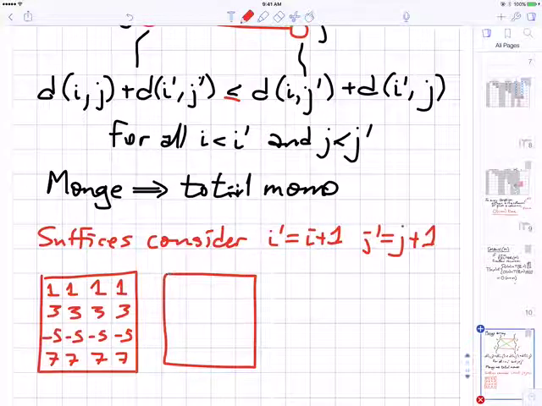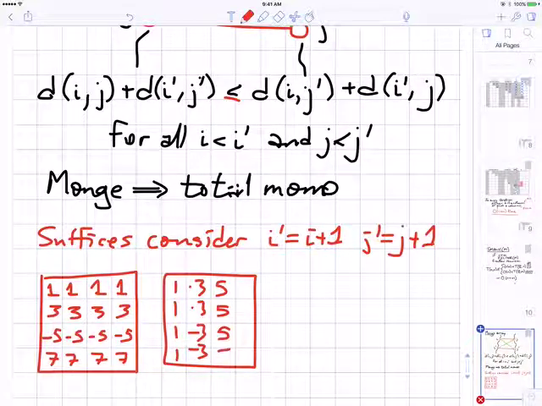Likewise, if I consider a matrix where every column is constant, that's going to be Monge, and therefore totally monotone.